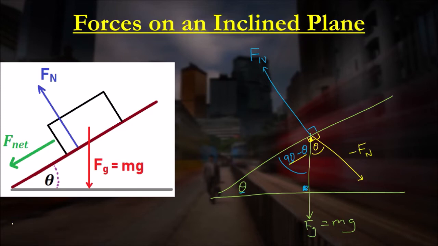So that's that side. If I try and connect minus Fn to Fg, and assuming I'm crossing this at a perpendicular angle, so I'm cutting it at right angles as well, this will be 90 minus theta.